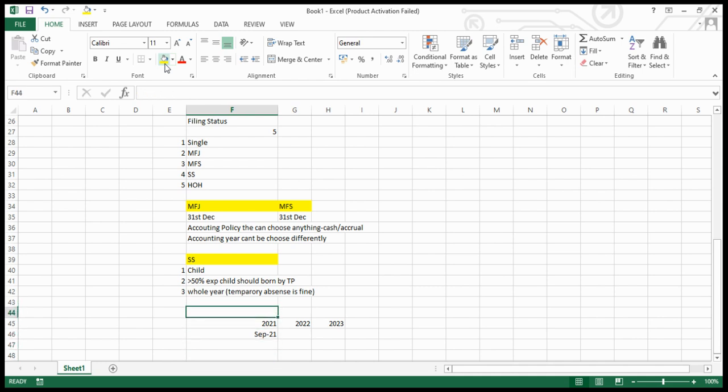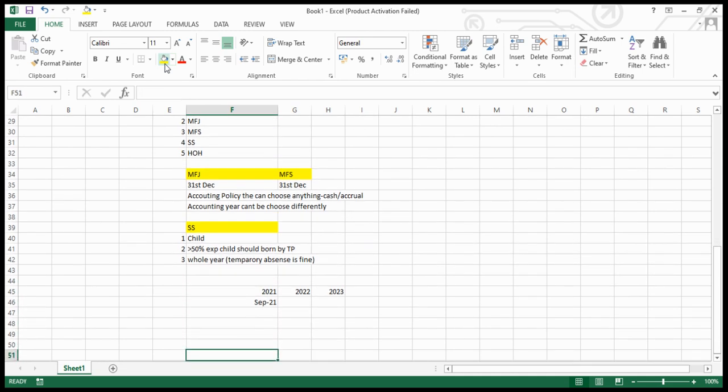The person has a child, we are bearing 50% of the expenditure, and the child stayed with them the whole year. Will this attract surviving spouse status? Yes. For the year in which the death falls, the status is going to be MFJ only. The next two years are going to be part of SS.